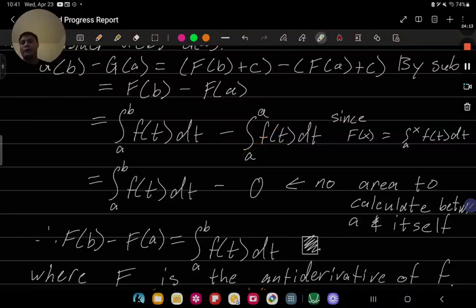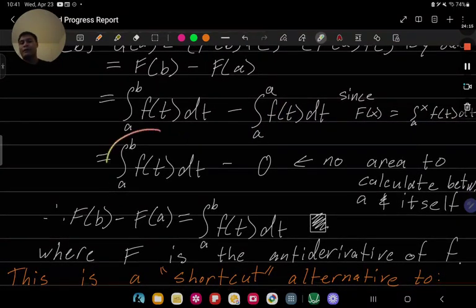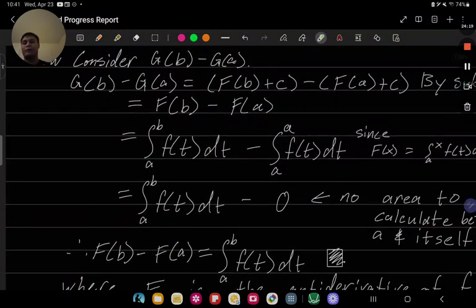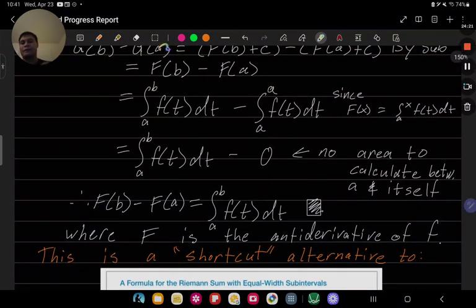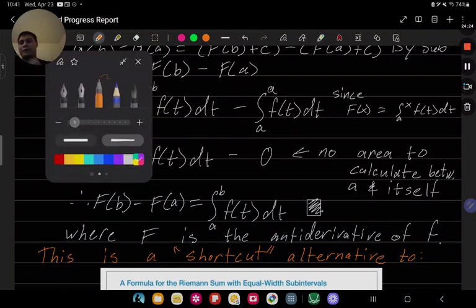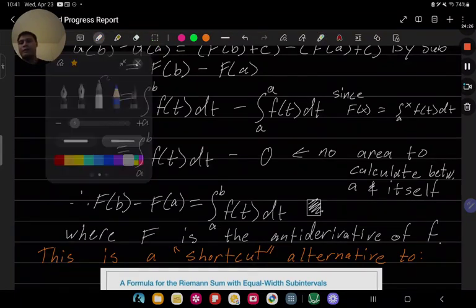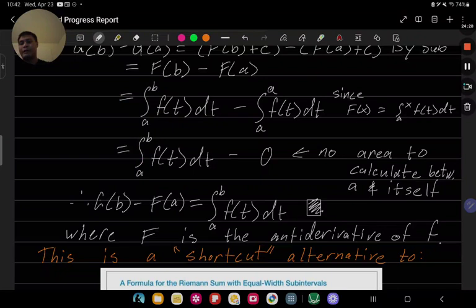And so really what we're left with is this right here. And so what did we start with? We started with our antiderivative. And no, it's not exactly the same, but actually, it is exactly the same because of this F of b minus F of a.